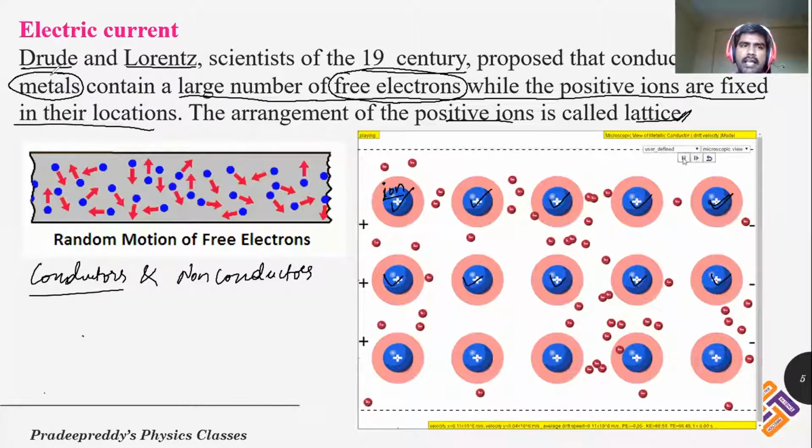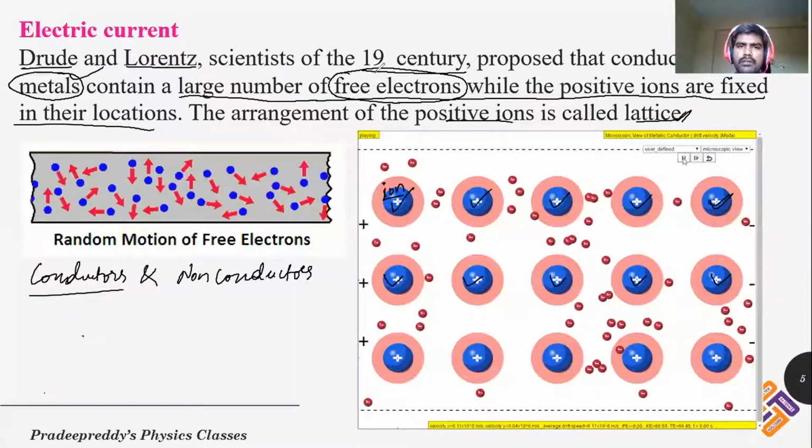So metals have this property. Metals are solids, very strong solids. In solids, because of closer overlapping of the outermost orbitals, the valence electrons get converted into free electrons, and as a result these electrons are able to move freely throughout the metal.